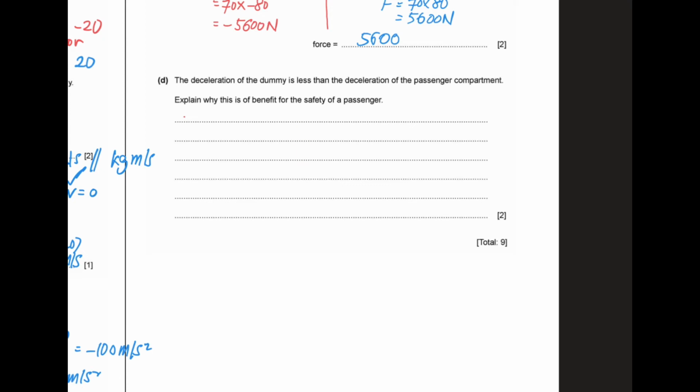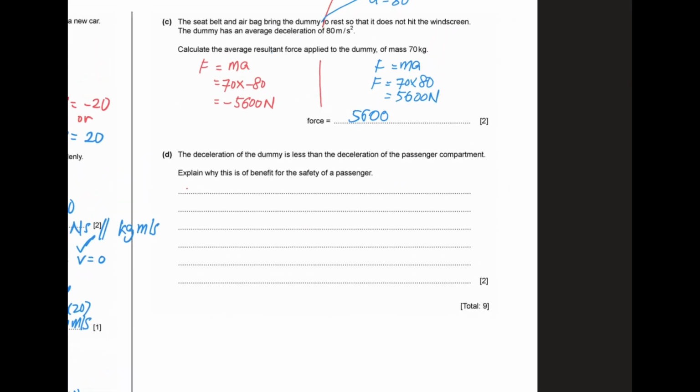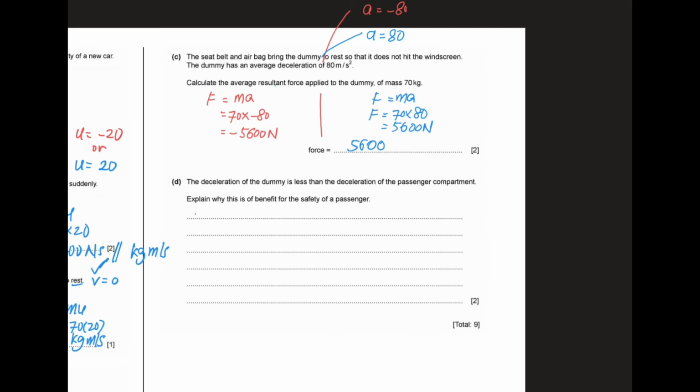So the first reason is, if you see the previous part, the statement: the deceleration of the dummy is less than the deceleration of the passenger compartment. Let's say the passenger compartment means the car. The car has a deceleration of 100 meter per second square, but the dummy is just 80 meter per second square.